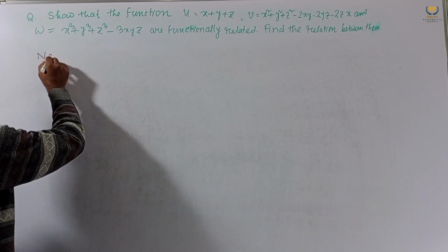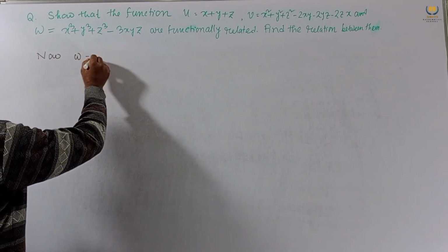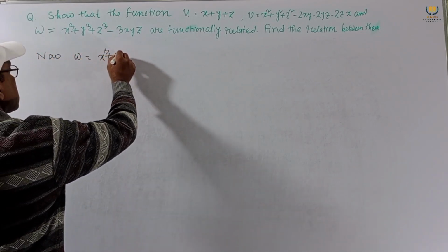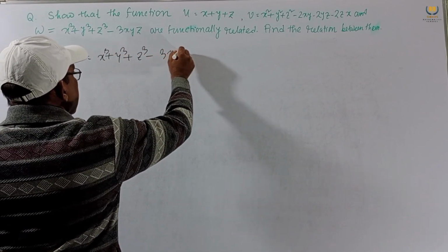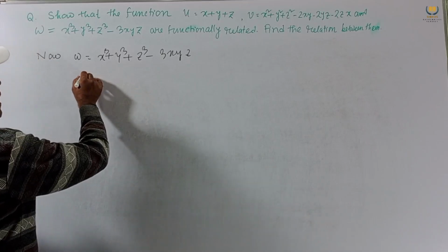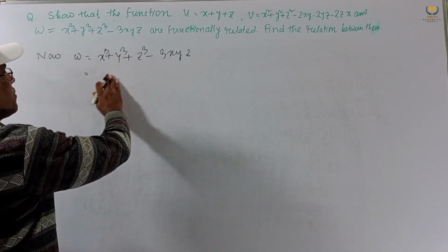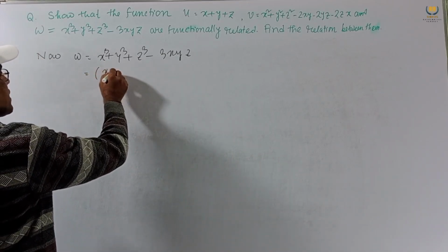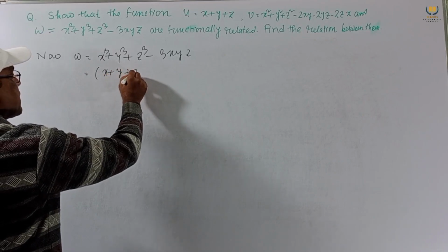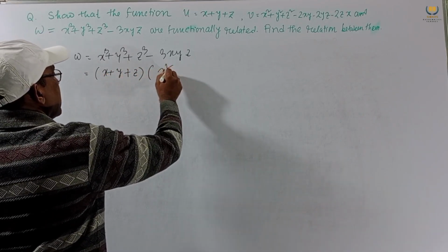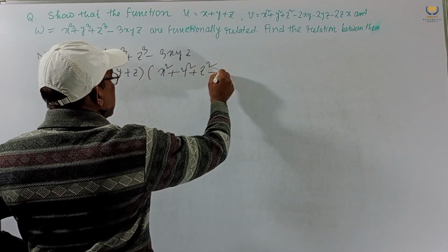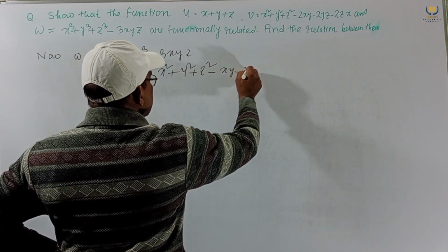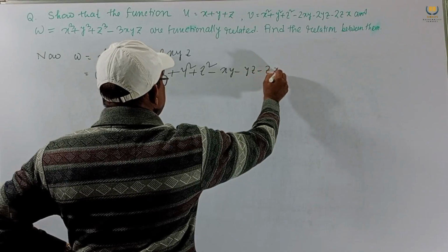Now W equal to x cube plus y cube plus z cube minus 3xyz. And this is a direct formula, we know. This is x plus y plus z into x square plus y square plus z square minus xy minus yz minus zx.